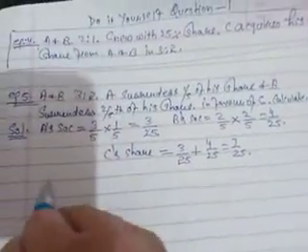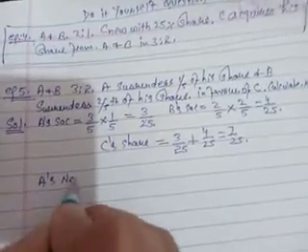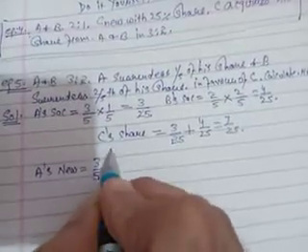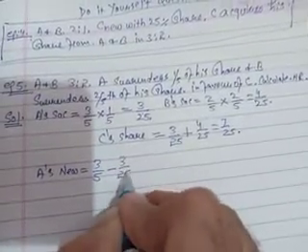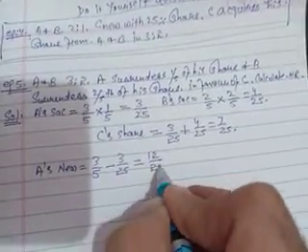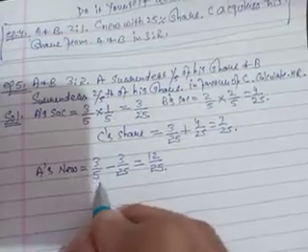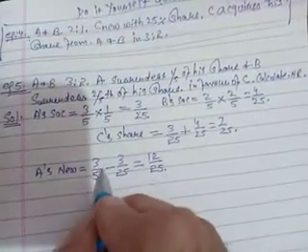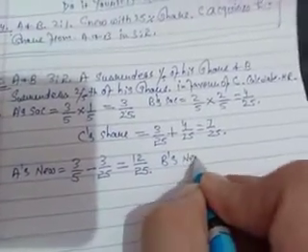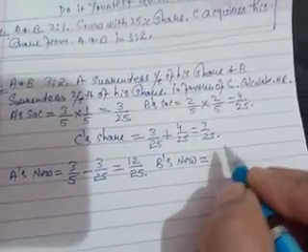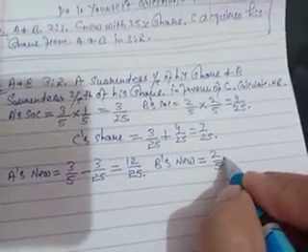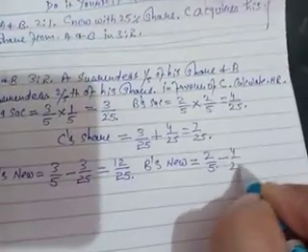Now A's new share will be: A's old share was 3/5, his sacrifice is 3/25. That comes out to be 12/25. Yes, 15 minus 3, 12/25. And B's new share is equal to the old share of B, which was 2/5, less his sacrifice of 4/25.